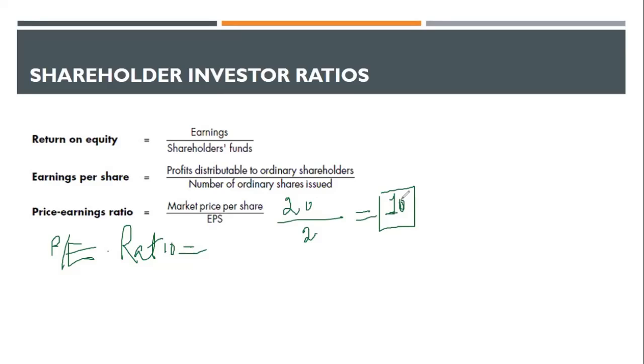It is the factor by which investors are willing to pay over the earnings. It is the number of times the investors are willing to pay as compared to their earnings. Or to put it in easy words, if your PE ratio is 10, it means that if you invest in this share, you will recover your money in 10 years.